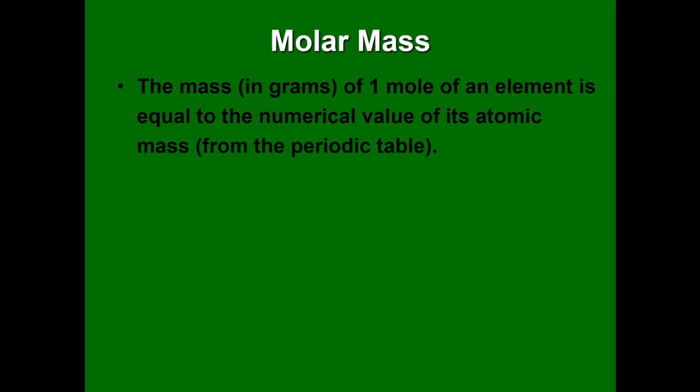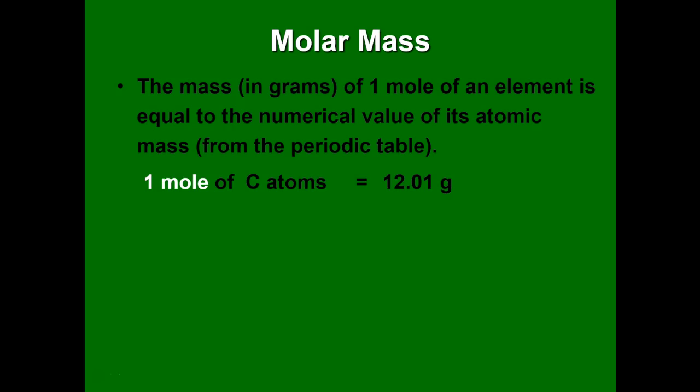So the mass in grams of a mole of any element is going to be equal in numerical value to its atomic mass. So if I've got 1 atom of oxygen that weighs 16 AMU, then 1 mole of oxygen weighs 16 grams, etc.